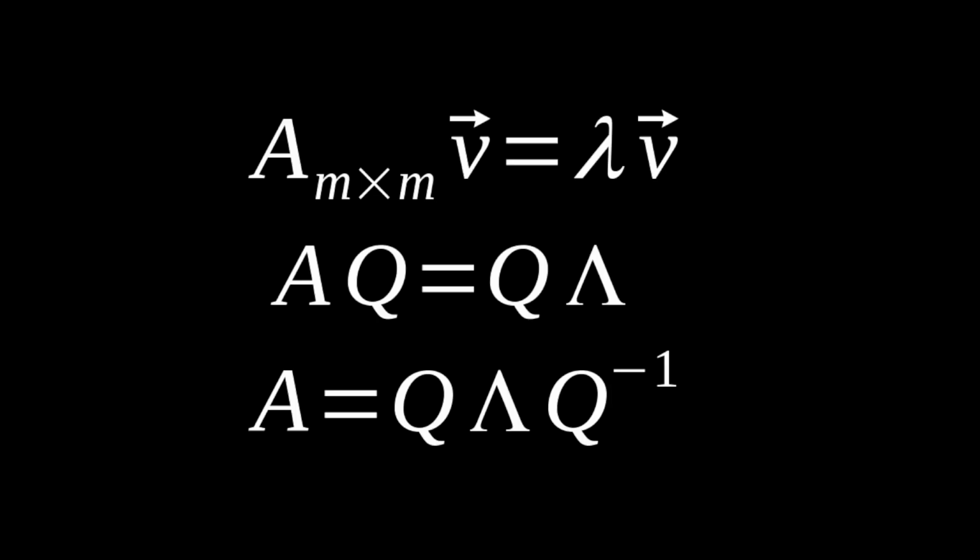Thus, for us to represent our A matrix properly, we can compute this right here, which is better known as the eigendecomposition, where we have our Q matrix containing the eigenvectors of an A matrix, and the lambda matrix being, again, a square diagonal matrix that has our eigenvalues along that diagonal.